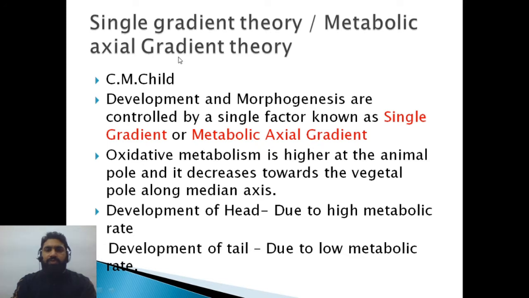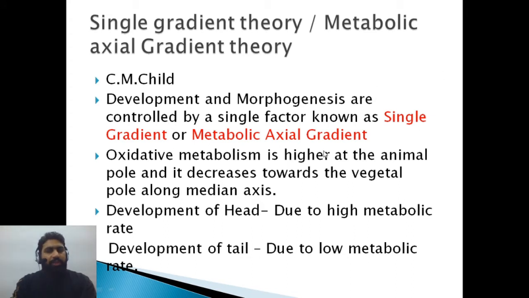That is the contribution of C.M. Child. Now look, development and morphogenesis are controlled by a single factor known as single gradient or metabolic axial gradient. In this theory, the scientist is telling that all the development and morphogenesis is controlled with the help of a single factor only.